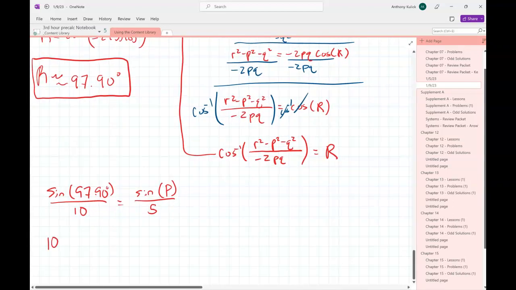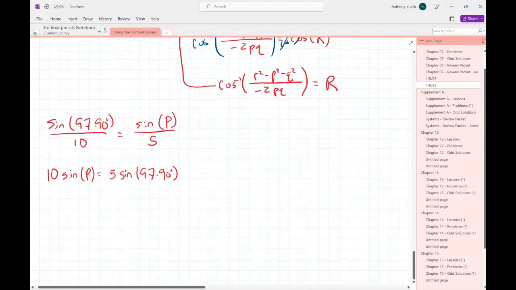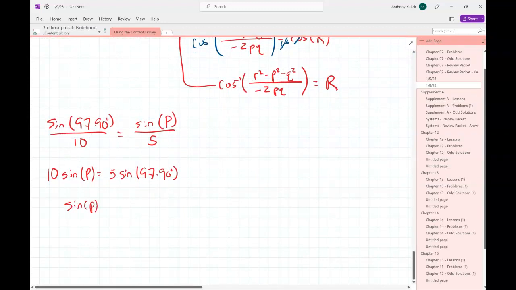So we cross multiply, giving me 10 times sine P equals 5 times sine 97.9. We'll divide both sides by 10 to get the sine P by itself.